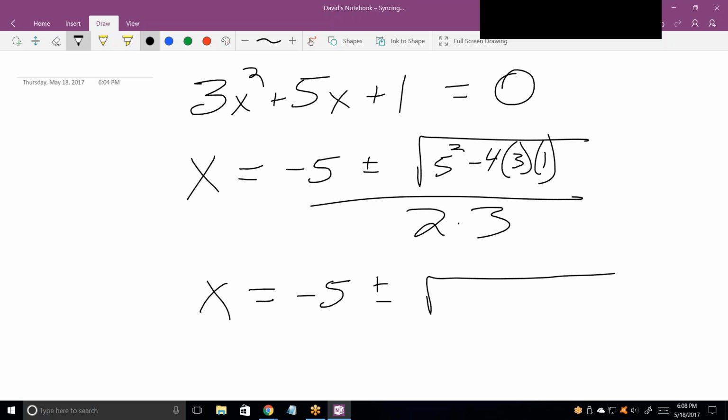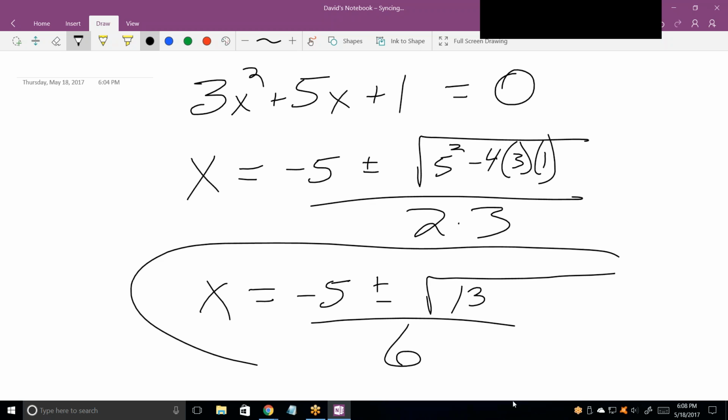Okay, that's 25 minus 12, so that's 13 over 6. And that's a sufficient answer. Right. What are the two x values that equals? Negative 5 plus root 13 over 6, and negative 5 minus root 13 over 6. All right.